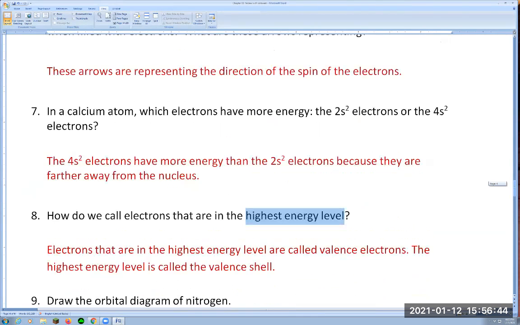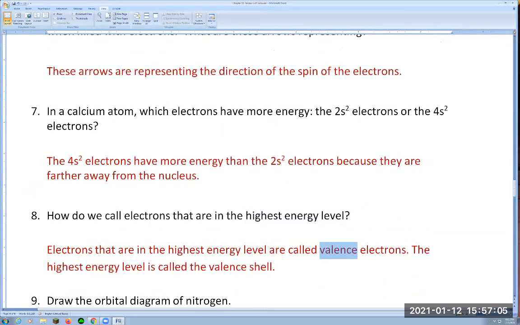Electrons that are in the highest energy level are called valence electrons. It is important to know that term because we refer to those electrons more than to any other electrons. They are the highest energy electrons, and they are in what we call the valence shell.